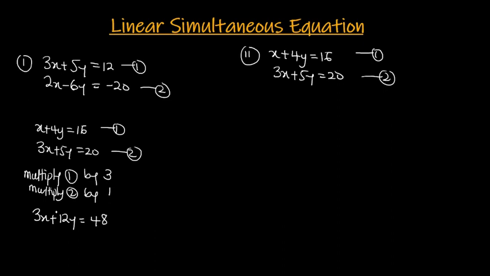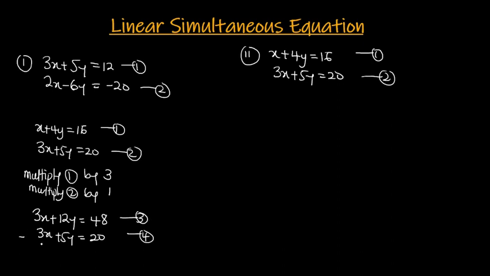If I use 1 to multiply everything here, I'll still get 3x plus 5y is equal to 20. Now all I need to do is to subtract. Okay, let me say this is equation 3, equation 4. So I can subtract equation 4 from equation 1.